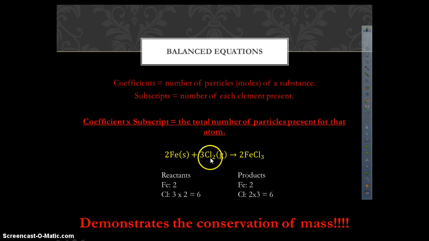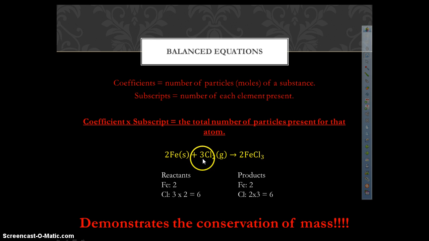Those are already in there, and that tells you how many of each individual atom you have in that compound. The big numbers out front, or the coefficients, tell you how many of that unit you have. So for example, here I have chlorine, which naturally exists as Cl2. Chlorine is also diatomic. That tells me in each unit I have 2 chlorine atoms, and then I have 3 of those things.